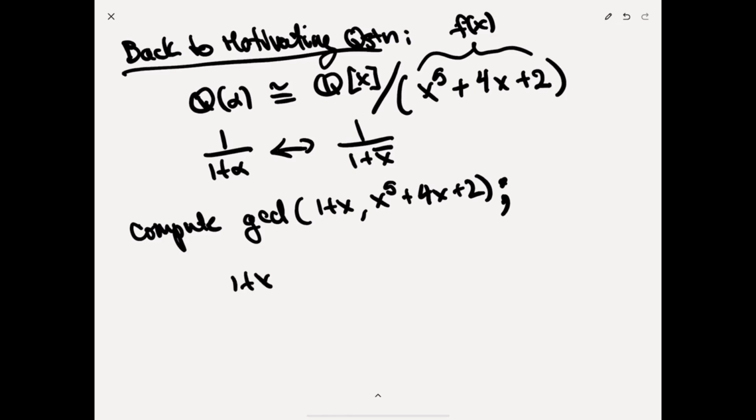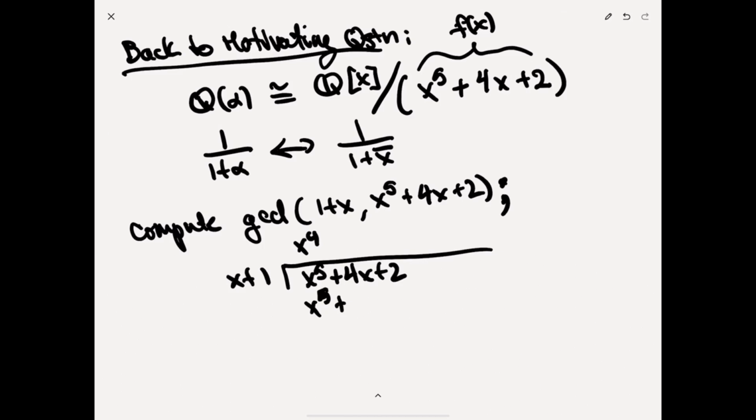So what we'll do is explicitly compute this, x to the fifth plus 4x plus 2. I don't know how long this is going to be. I'm going to write this in the correct order. So this is x to the fourth times x plus 1, giving x to the fifth plus x to the fourth. Now we have negative x to the fourth plus 4x plus 2.